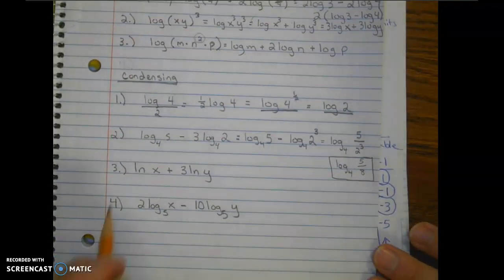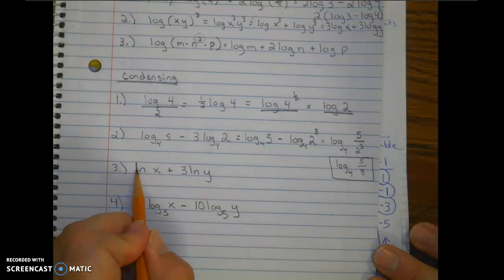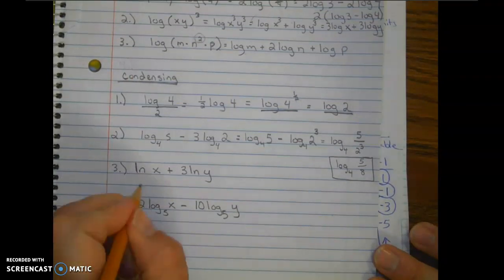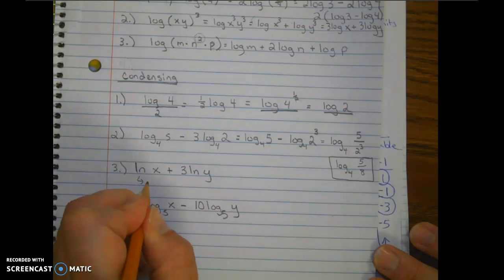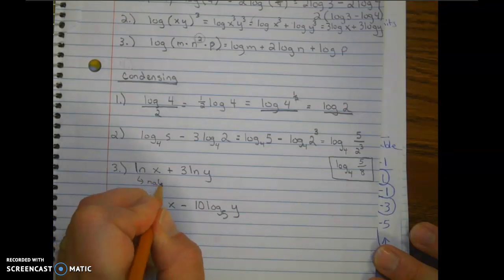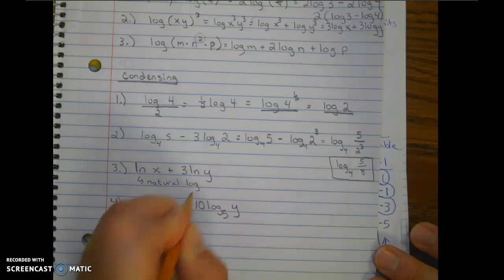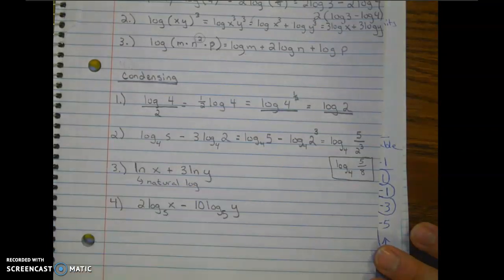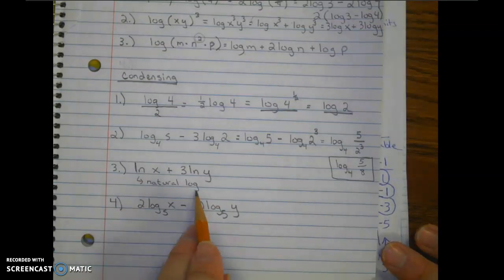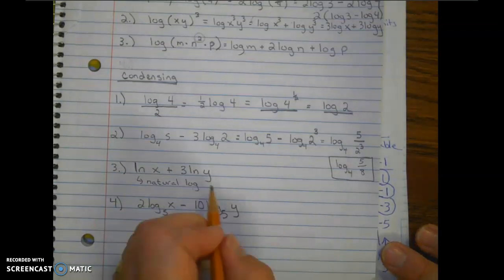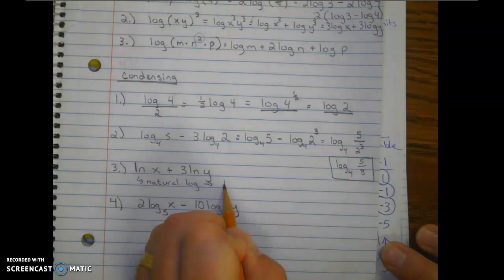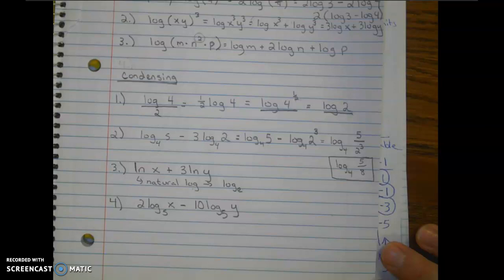All right, so here's something new. This is LN, and LN stands for natural log. Another special type of log that occurs very frequently in nature. A natural log is basically a log base e.